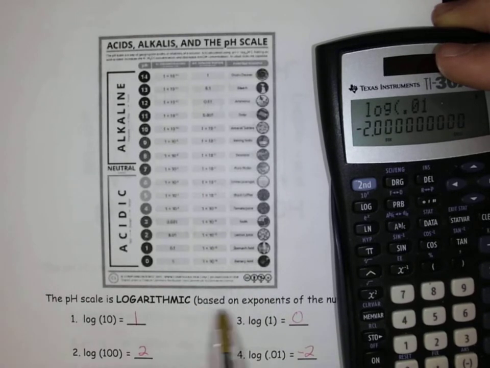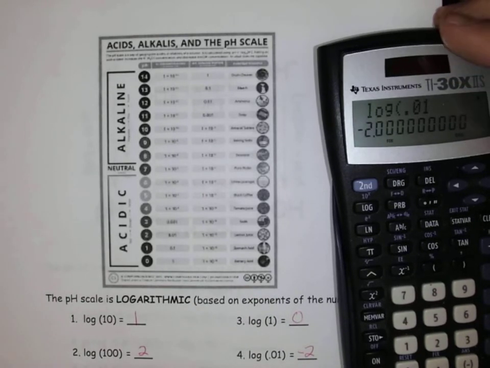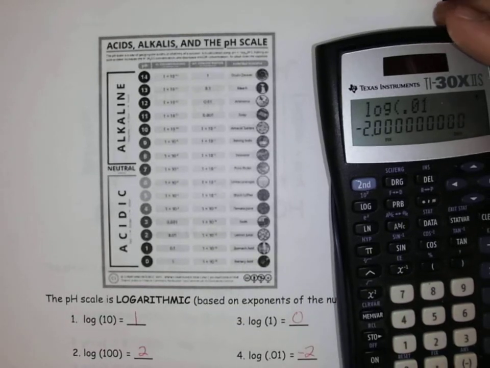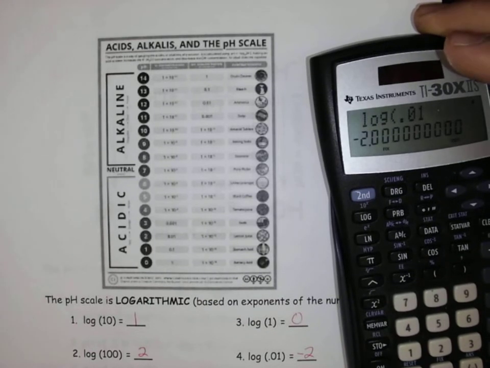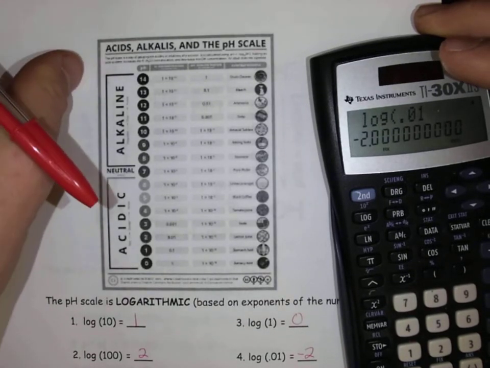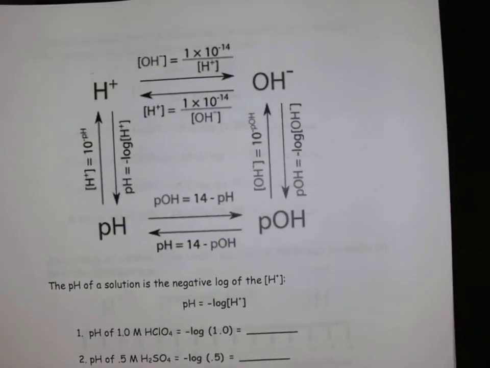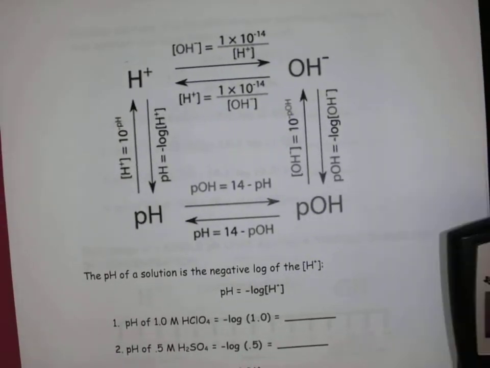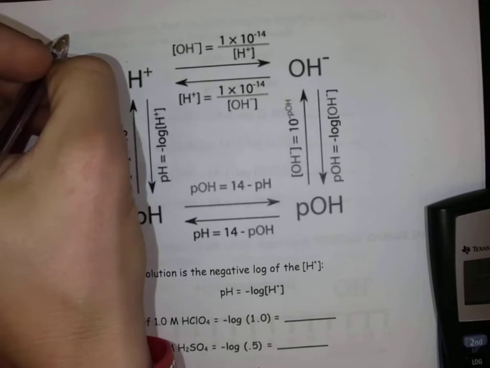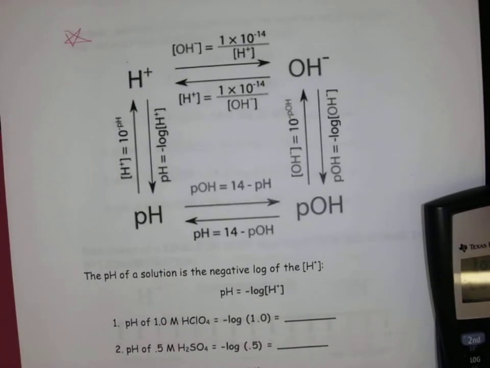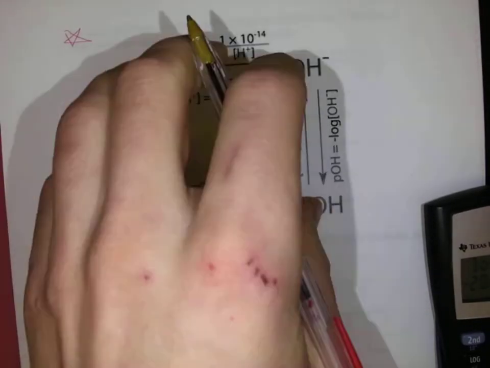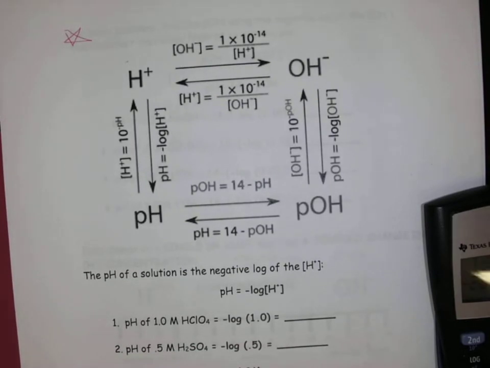This is just doing math. If we have not used logs before, there's our log button; we just need to know how to use it. Now we're going to start applying it to our pH scale. Here's our pH square. This is going to become really useful, so maybe you want to put stars all over it, because it will be useful throughout this unit.